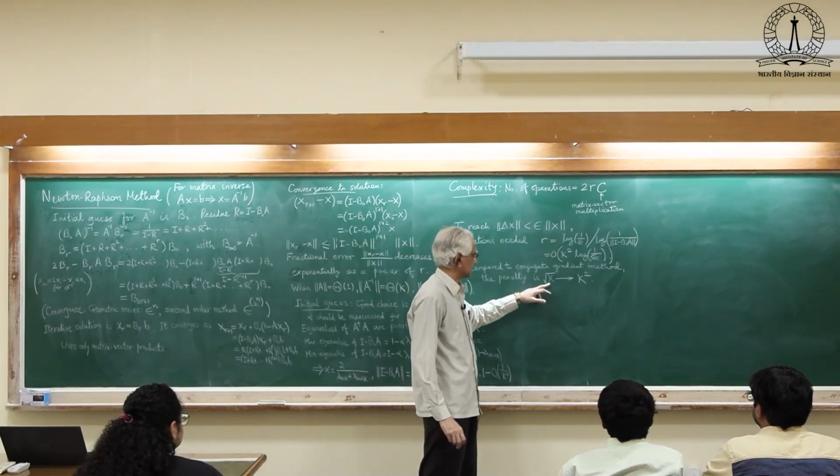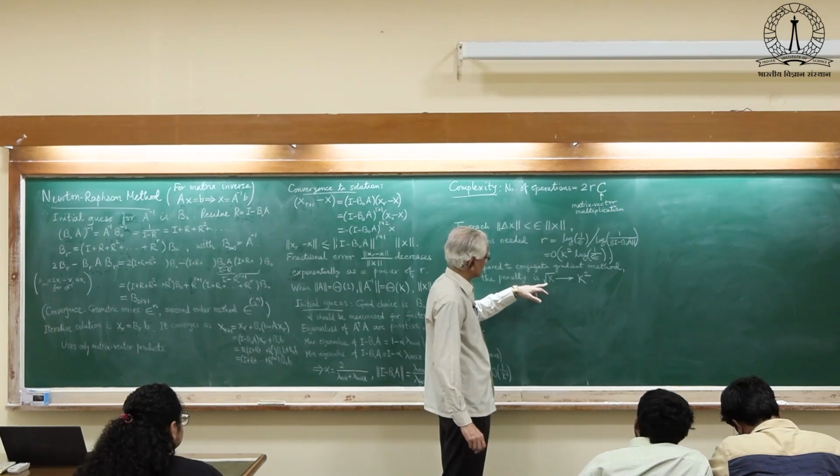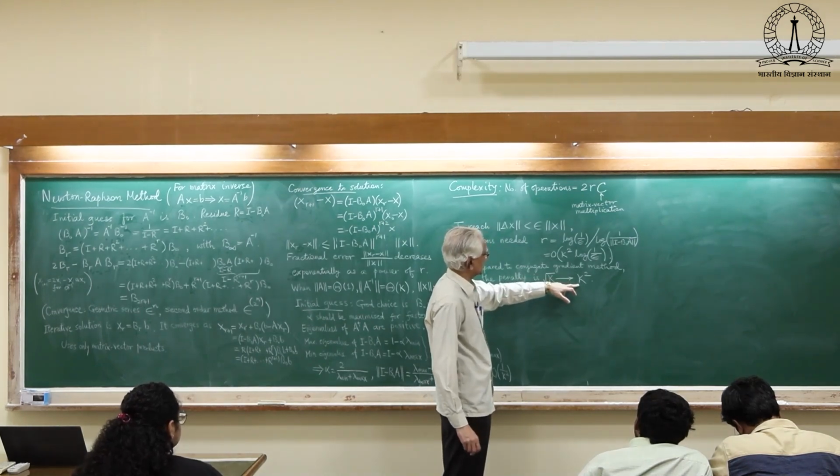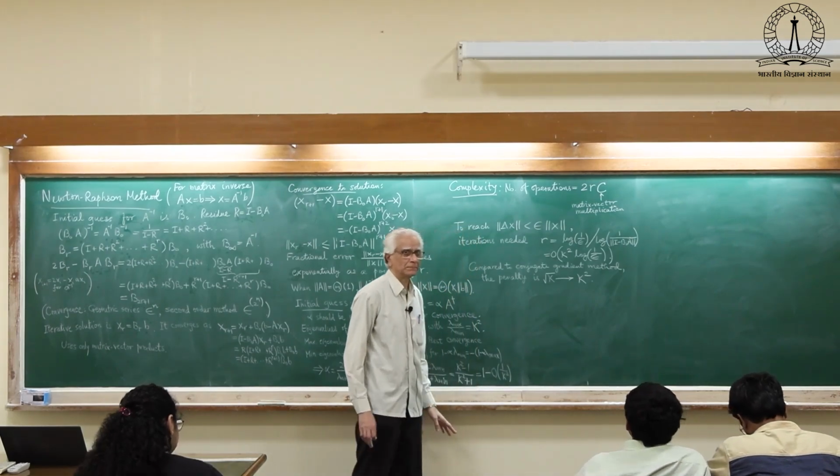And in that case, there was a root kappa. If the matrix was not positive definite, it will be kappa, but this is kappa square, which is worse than both of them.